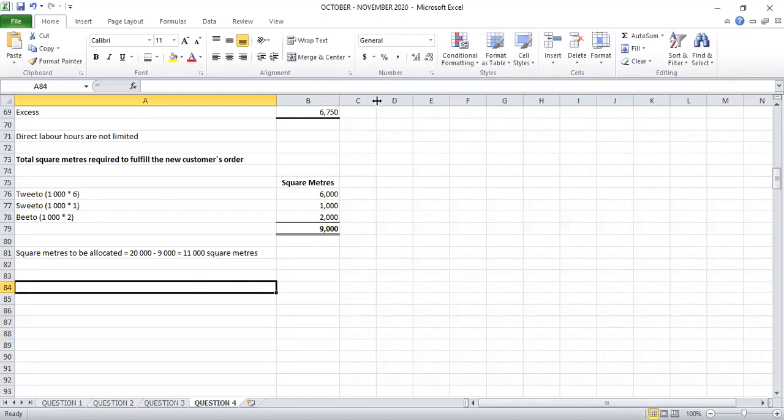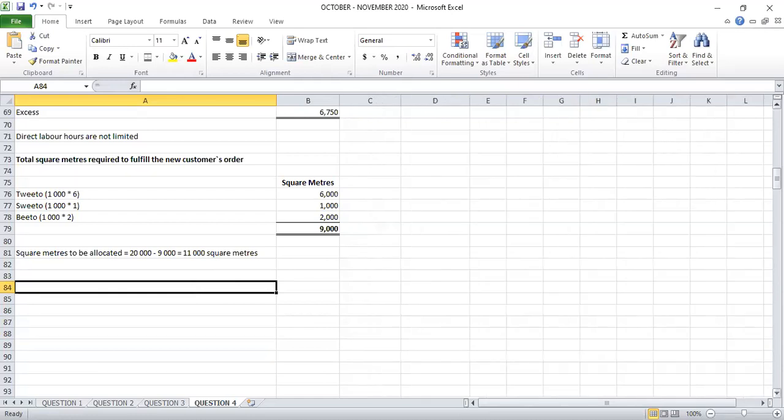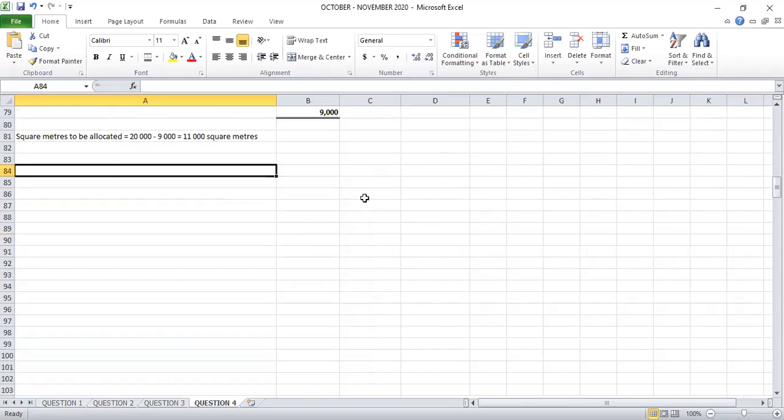Right. So now to find how we allocate those 11,000 square meters, we have to allocate them according to the contribution per square meter that is being provided by each product. For us to get the highest profit, we have to allocate the square meters based on the contribution per square meter. That means how much contribution are we gaining for using each square meter of raw material for each product.